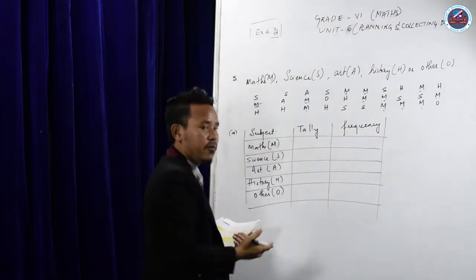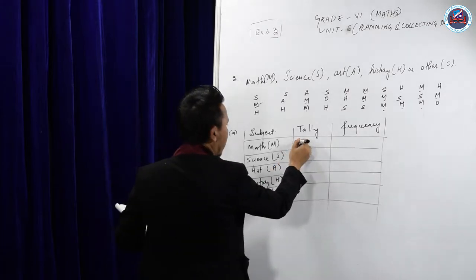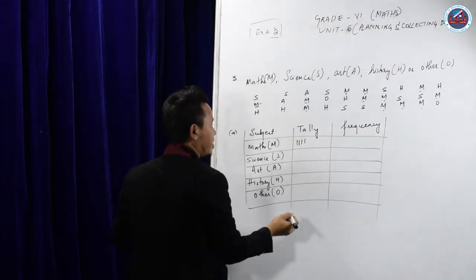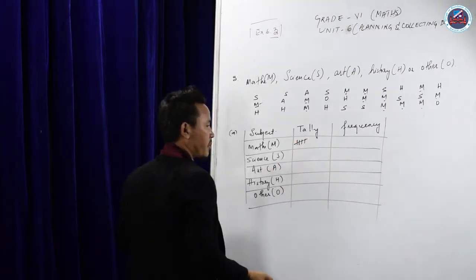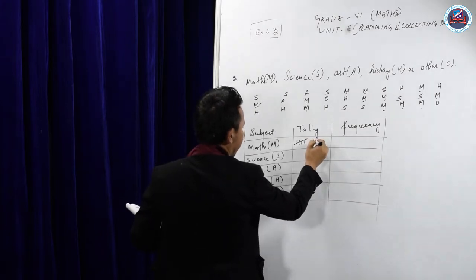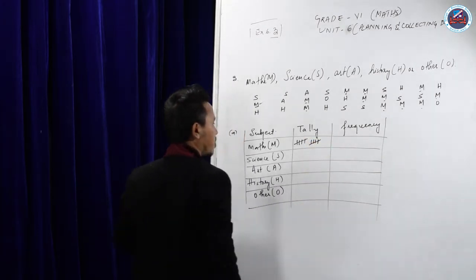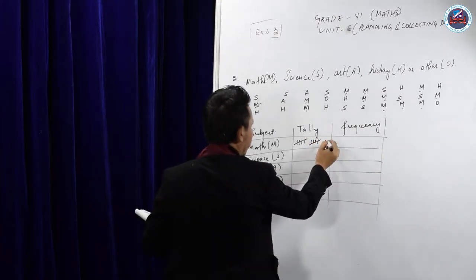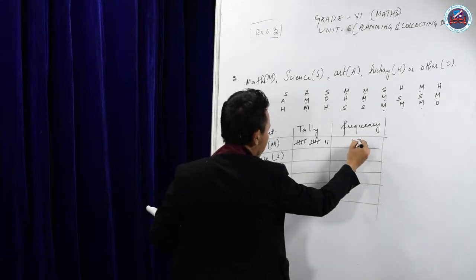Now let's put it in tally format. That is 1, 2, 3, 4 followed by the diagonal, that is 5. 6, 7, 8, 9, diagonal 10, 11 and 12. That means the total frequency we have here is 12.